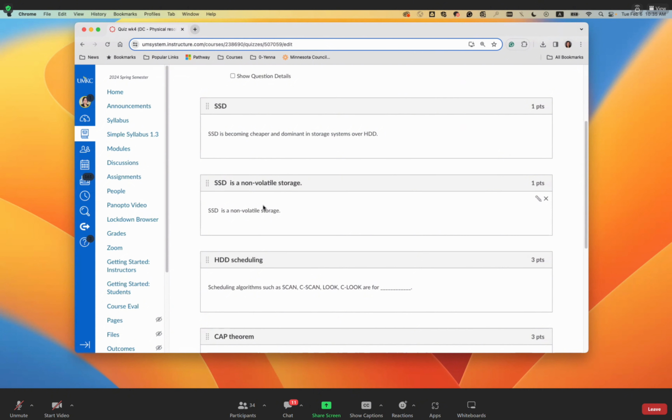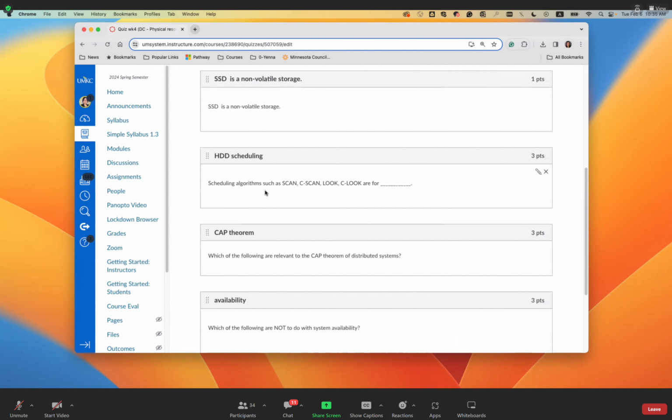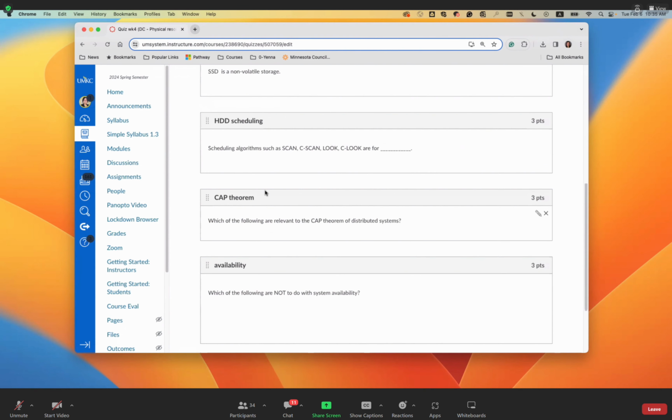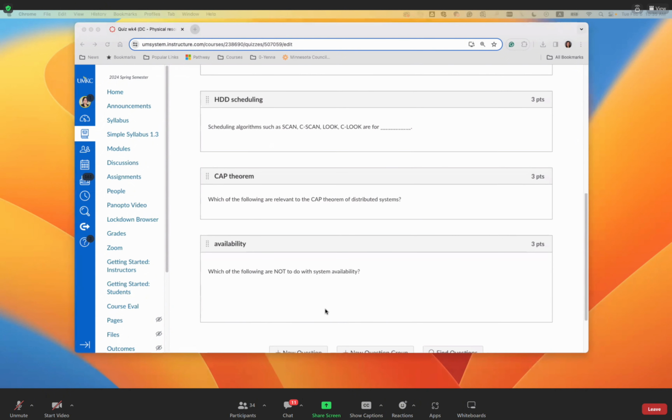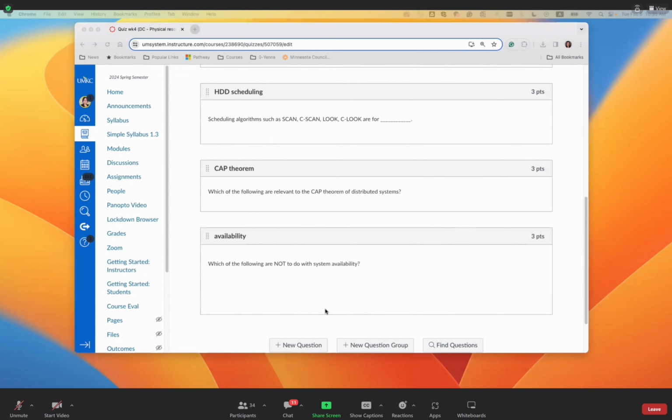These scheduling algorithms are HDD scheduling. I am telling you. The CAP theorem we just talked about, right? Those three: consistency, availability, partition tolerance, and the availability table that I have shown you.